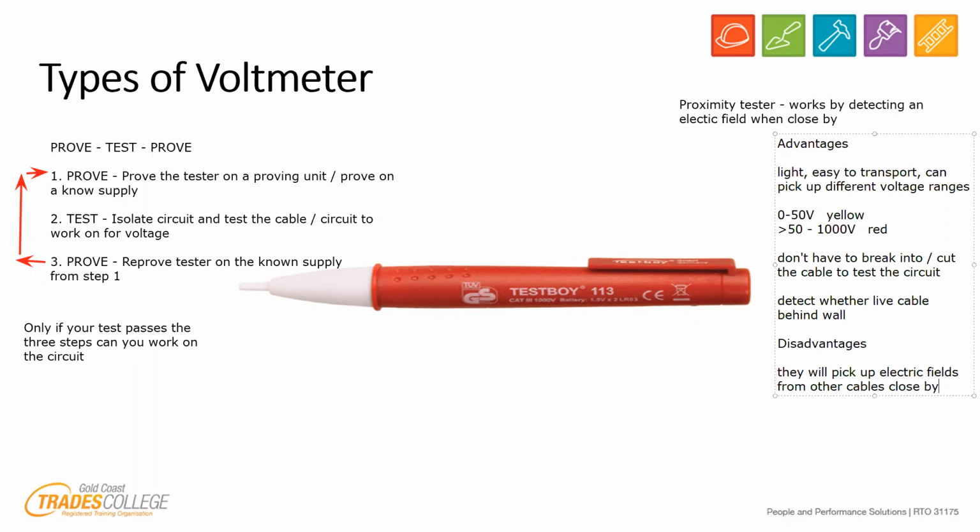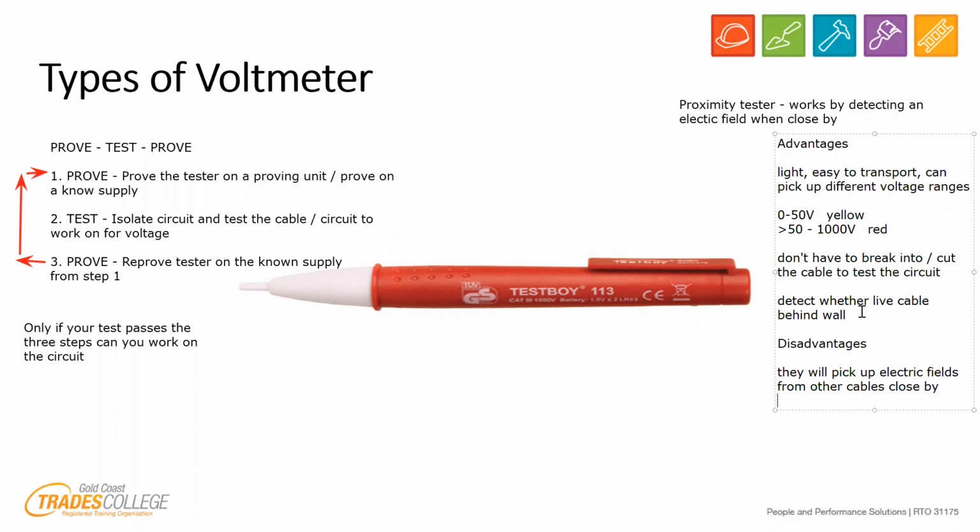If you've got cables that are clipped together and you can't get them apart without taking all the clips off, obviously if you hold your tester against a dead cable with a live cable next to it, your voltmeter is going to show you that there's an electric field there. It can't distinguish between the dead one and the live one. It just knows there's something there, which is a nightmare, and it can be quite dangerous in that sense.